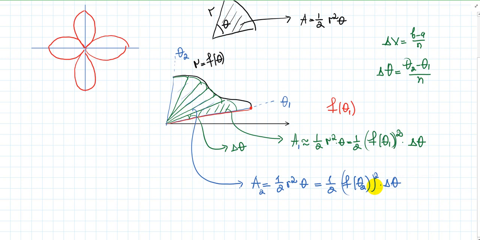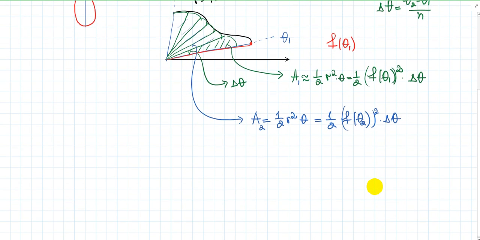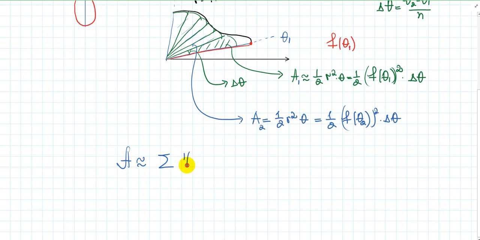So I decided to split this area into many sections, okay? And by finding the areas of all the sections and summing all the areas, I can roughly find this area, right? The area between the angles theta 1 and theta 2 is going to be roughly the summation of 1/2 f of theta i squared multiplied by the delta theta, with i going from 1 to n.